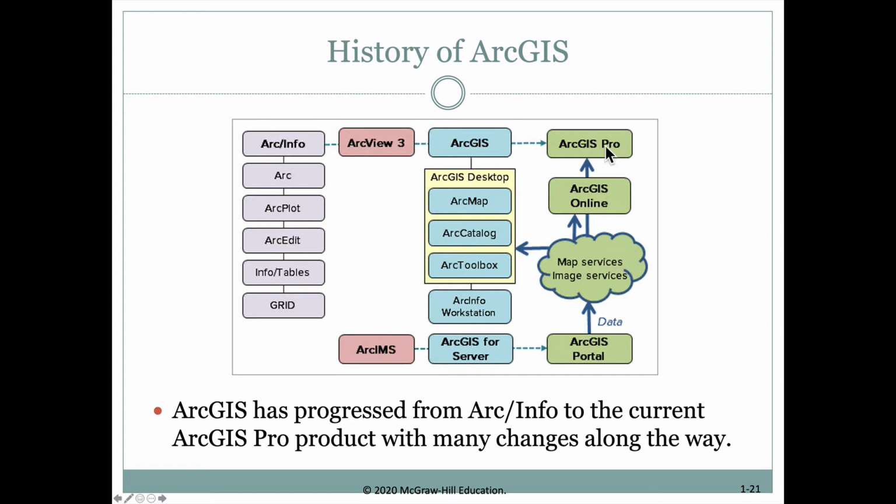So it's very useful and very much tied into the internet and a lot of these map services and image services that are available. This basically allows us to, we don't have to download a GIS layer to add it to our map. We can just go out on the internet, find that layer, and add that to our map.